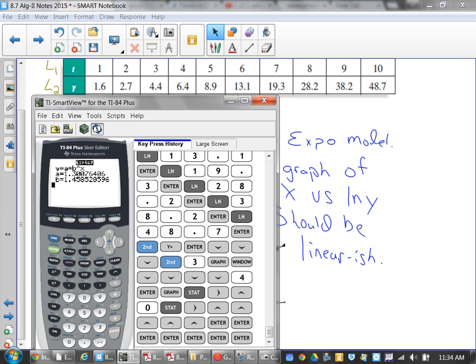Basically what you're doing here is a couple extra keystrokes just to check if it's going to be exponential prior to figuring out if it is exponential. What's nice about this is that when this is parkified, if you will, they'll ask you to look at a set of data and figure out the model of it. Remember how we did it to tell whether it was quadratic or cubic.